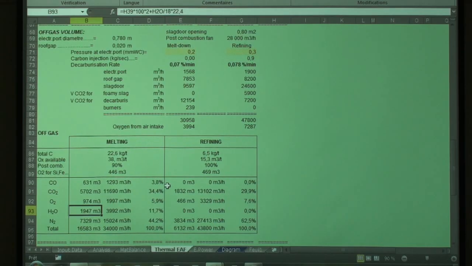So I think it is better. Yeah, sure. But the first converters, the Bessemer converters, were using air to decarburize the hot metal. Not oxygen. Oxygen came in the early 20th century.